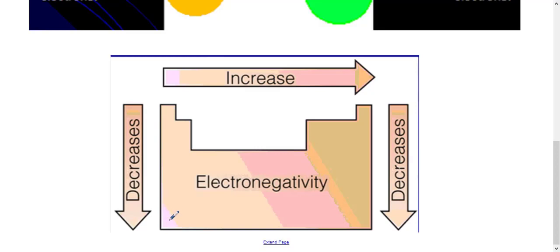So elements with the lowest electronegativity are going to be in the bottom left, versus as you go across the periodic table, it's going to increase because electrons are being added to the same energy level, and as you get closer and closer to filling an energy level, the electronegativity is going to get higher.